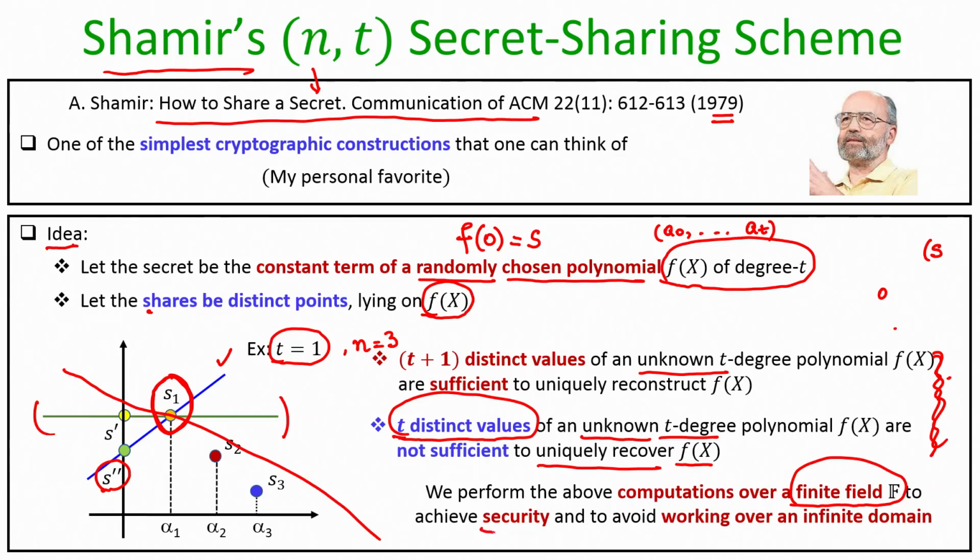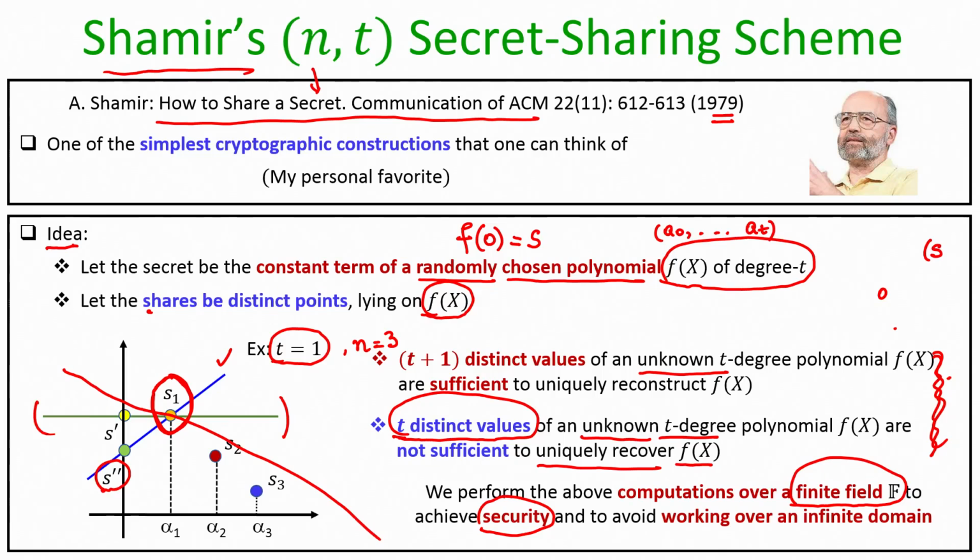We need to maintain security. Intuitively, what I mean is that if instead of picking the polynomial over a field, we pick the polynomial over integers, namely if the coefficients of the polynomial are integers, then based on the magnitude of the shares, I may end up revealing some information about the possible range of the secret.